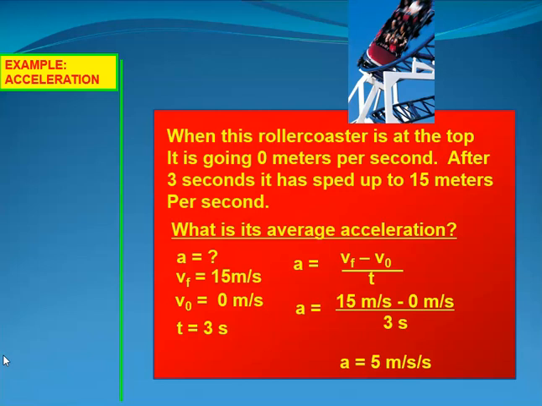After 1 second, it's sped up by 5 meters per second, so it's now going 5 meters per second. After 2 seconds, it's going another 5 meters per second faster, so now it's going 10 meters per second. And at 3 seconds, what this problem is asking for, it's going another 5 meters per second, so now it's going 15 meters per second, which is what the final velocity was.